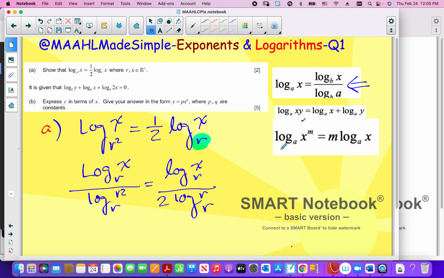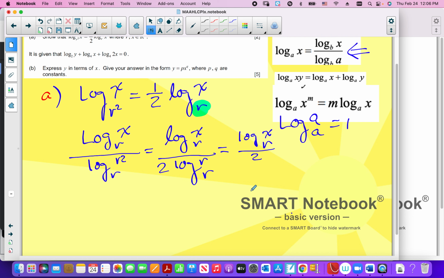And we know that log a base a is equal to 1, so that renders the denominator to be 2 only. So log x base r over 2, which is the same as half log x base r, QED.